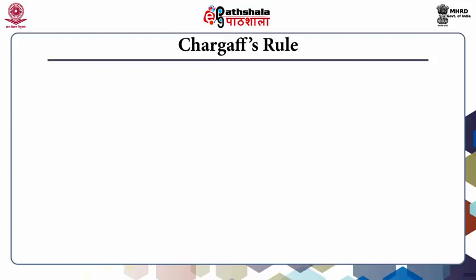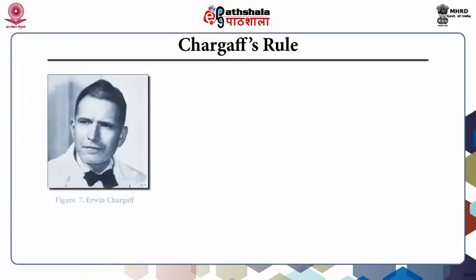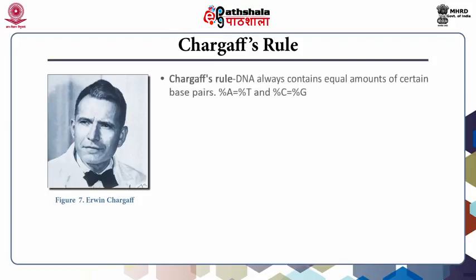Here is a very important aspect of DNA. Very early studies emerged from the laboratory of Chargaff. Erwin Chargaff, an Austrian American biochemist, gave Chargaff's rule, according to which DNA always contains equal amounts of certain base pairs.